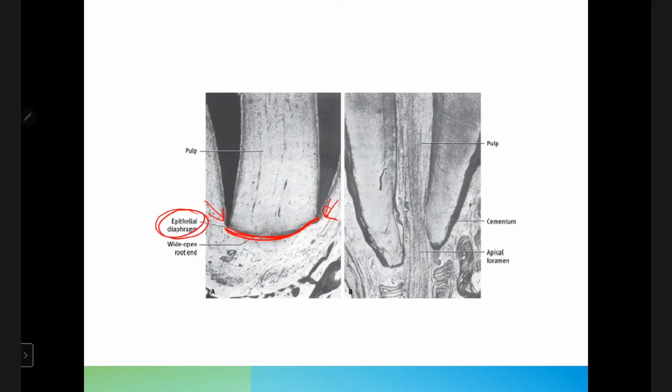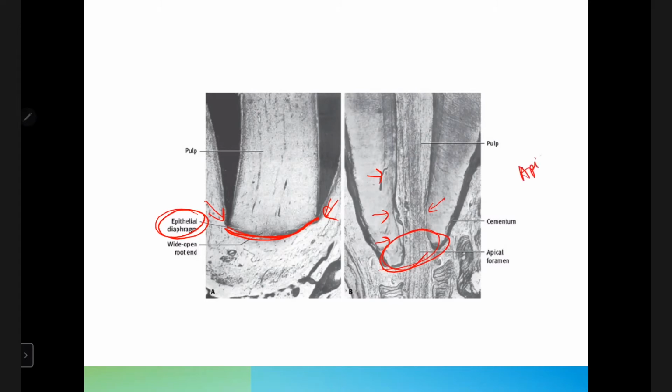Later, as the growth is taking place, there will be dentin formation from the sides. Here you can see this wide opening has now constricted. As the growth progresses, more dentine is formed. Therefore, the apical portion will become narrower. And then in the apical region there will also be deposition of cementum.